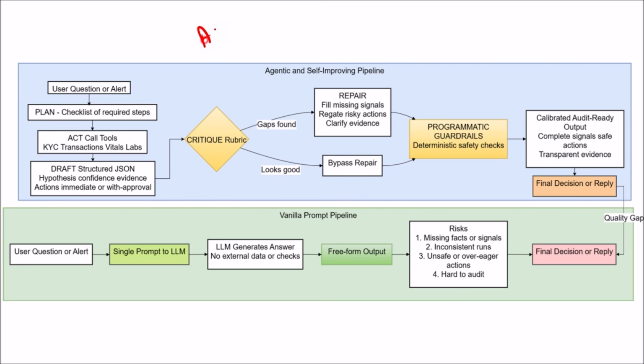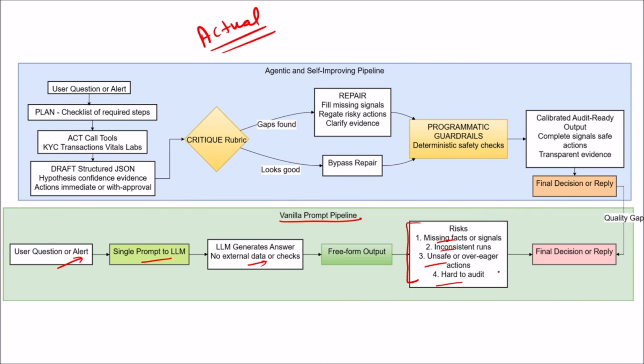So this is the actual pipeline of agentic and self-improving prompts. First of all, we will try to understand how it is different from the vanilla pipeline. Here, first the user takes the questions, applies a single prompt to the LLM, the LLM generates the answers, and then the output may have risks like missing facts or signals, inconsistent runs, unsafe or over-eager actions, or be hard to audit.